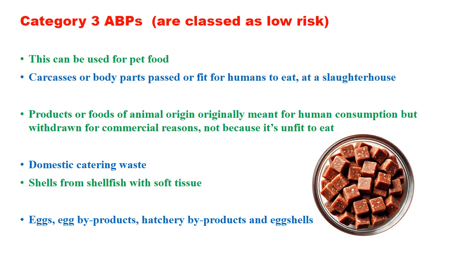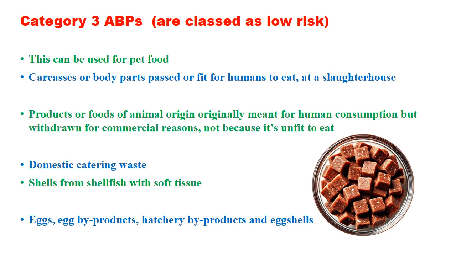Here the carcasses or body parts passed as fit for human consumption at a slaughterhouse are suitable for pet foods. Also the products or foods of animal origin originally meant for human consumption but withdrawn for commercial reasons, not because they are unfit to eat. When for some other reason all these products of animal origin are withdrawn from human consumption, they can go for pet food.